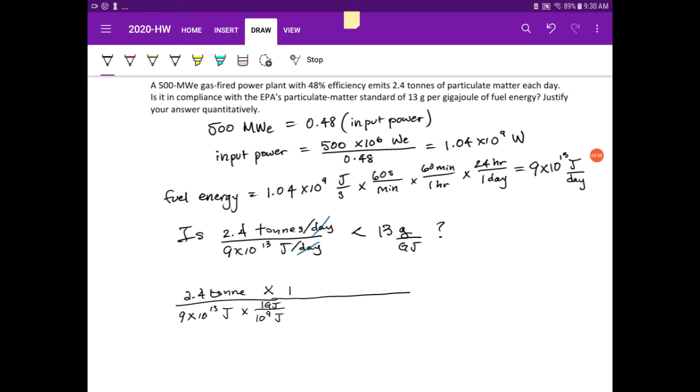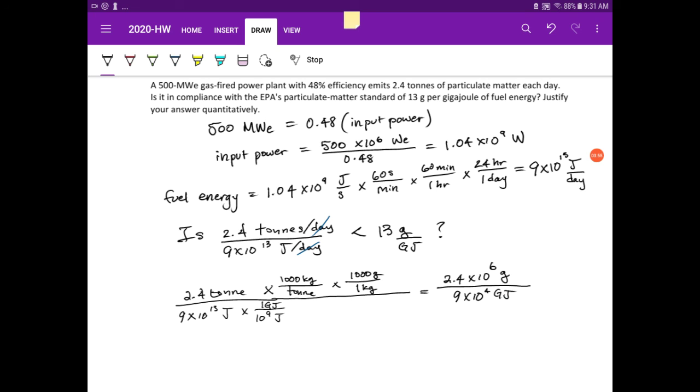So we're going to recall that 1 ton is 1,000 kilograms. It's a metric ton. And 1 kilogram is 1,000 grams. So this will be 2.4 times 10 to the 6 grams divided by 9 times 10 to the 4 gigajoules.